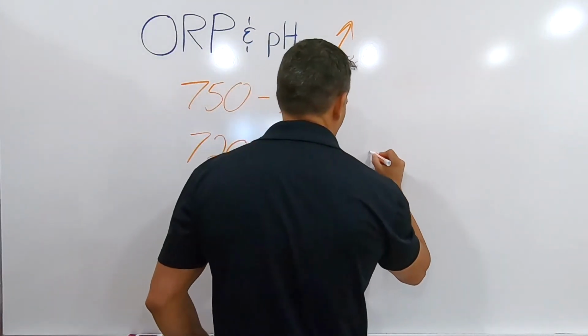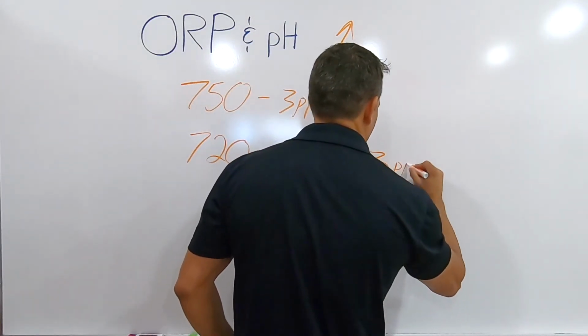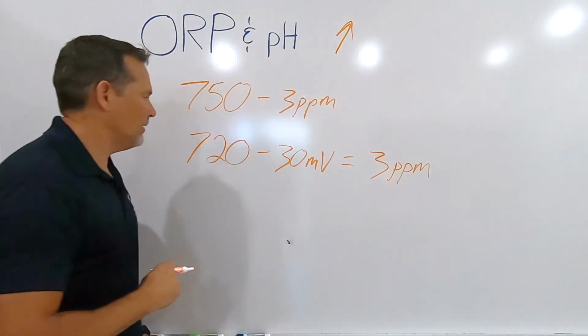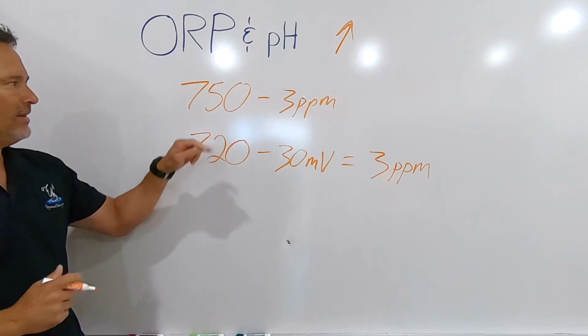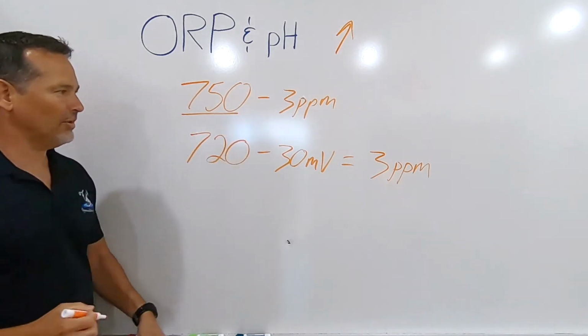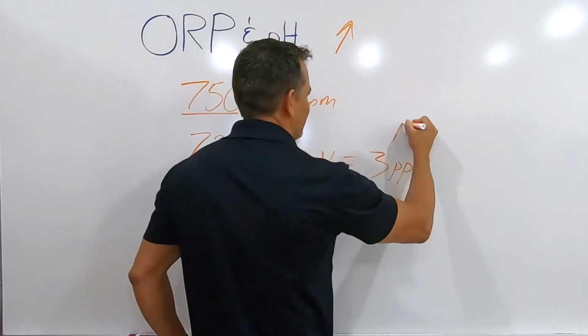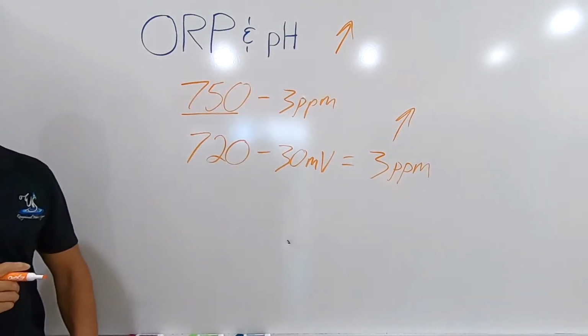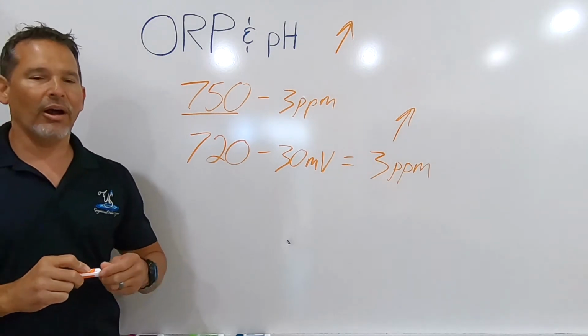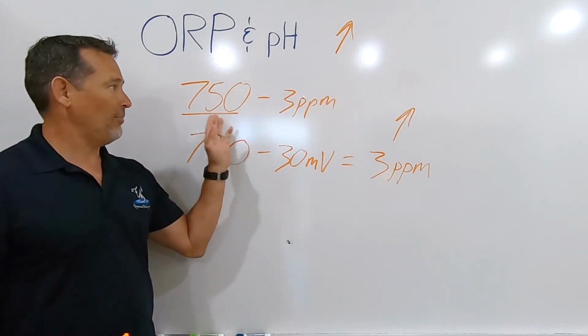So we're going to say it's going to drop 3 parts per million. But in actuality, your chemical controller is trying to maintain 750. So what's actually going to take place, it's going to add this 3 parts per million to this 3 parts per million that's already existing, regardless of what your set point is.